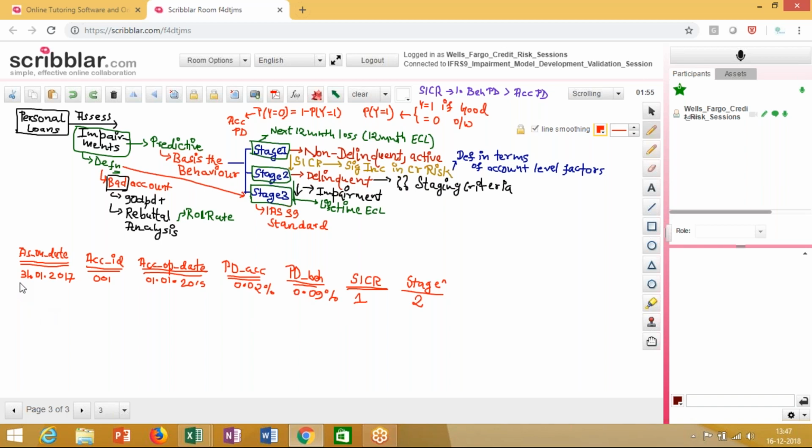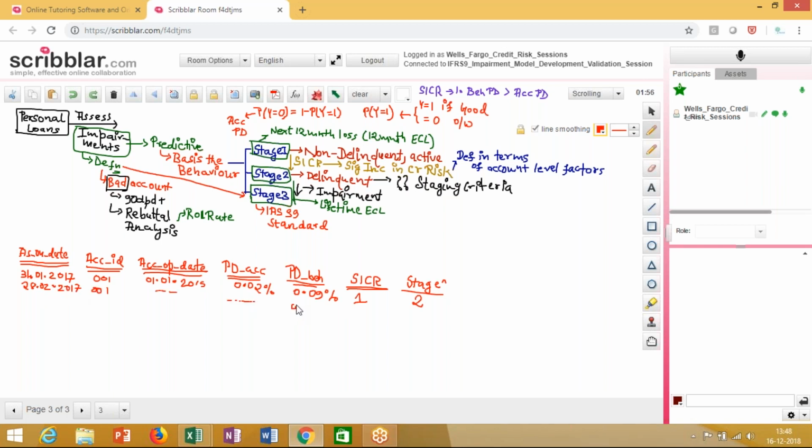Now the code is run again for the next month's staging. The bank again needs to know how their stage distribution is at the end of this month. So for the same account, everything else remaining unchanged, this will be 001, this will also remain similar, this acquisition PD will remain similar.